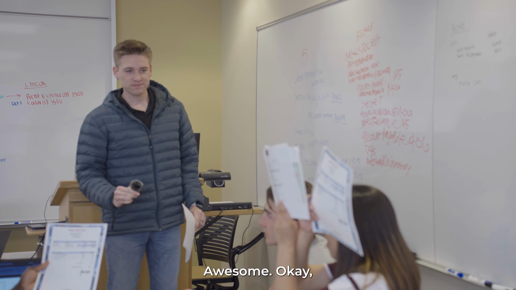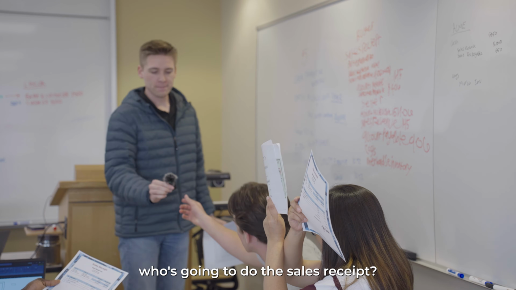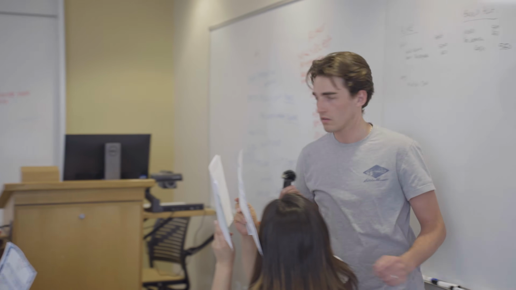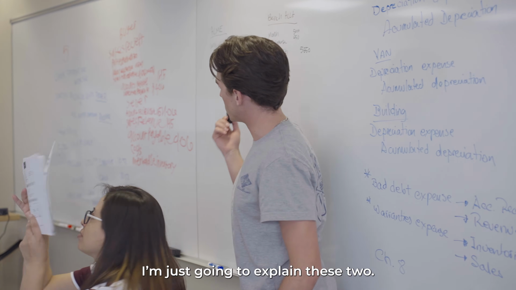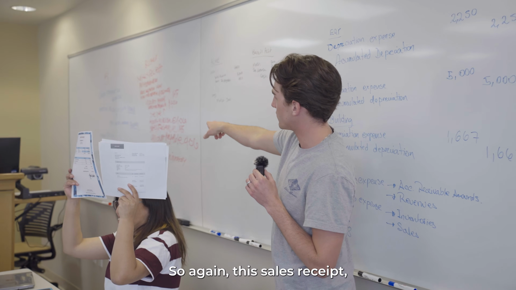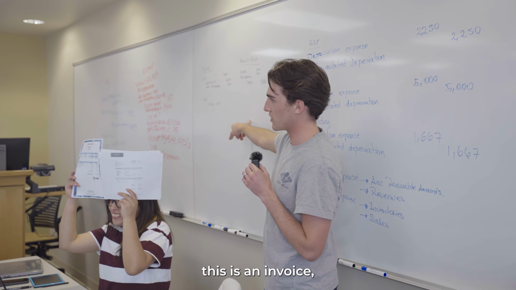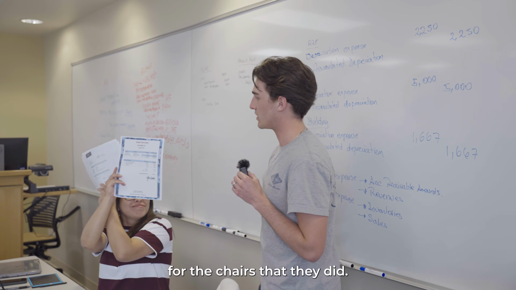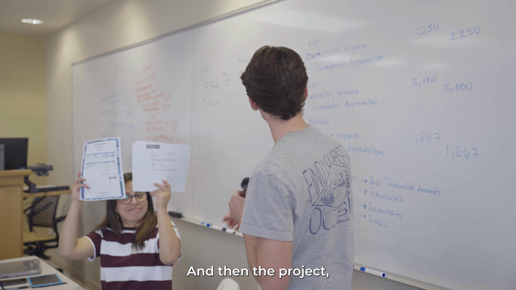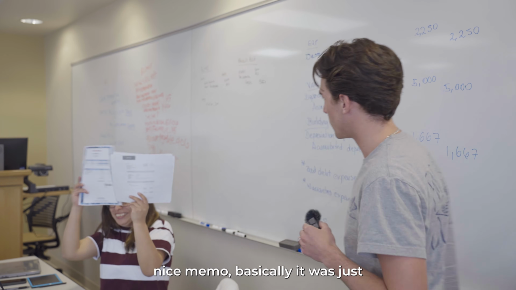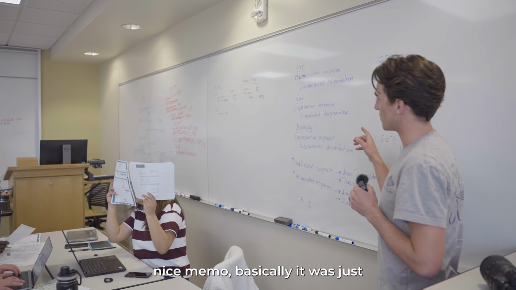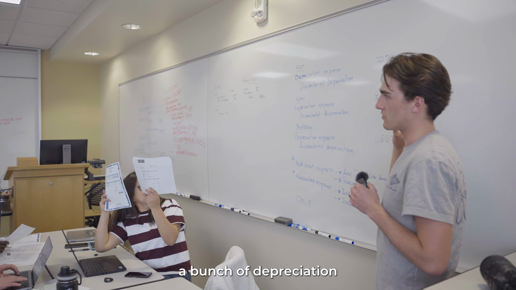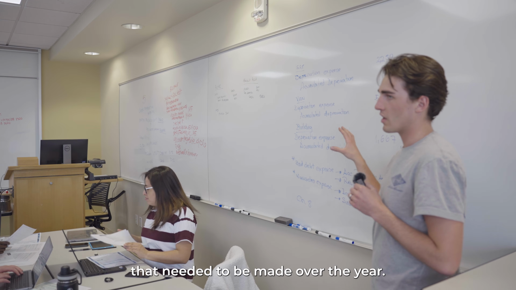Awesome. Who's going to do the sales receipt? Which one do you want to explain? I'm just going to explain these two. This is an invoice, and it did the journal entries for the chairs. Then the project was a lengthy memo, basically a bunch of depreciations that needed to be made over the years.